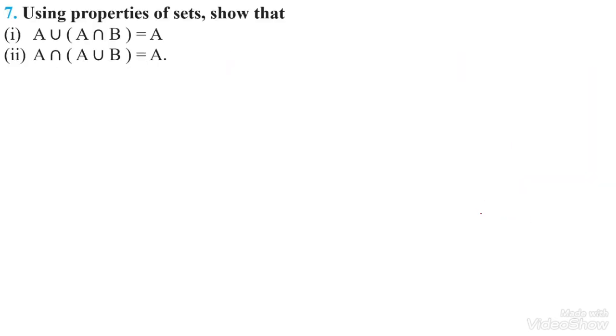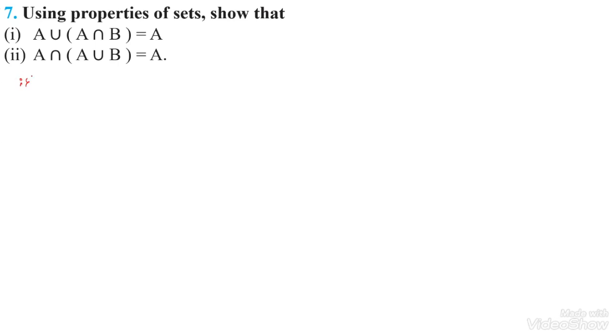Next, let us move on to question number 7. Using the properties of sets, show that A union (A intersection B) is equal to A only. Okay. Now, first statement.